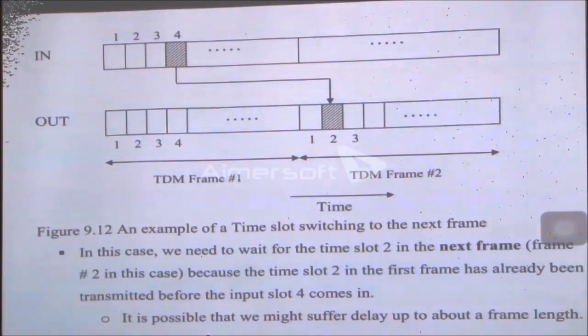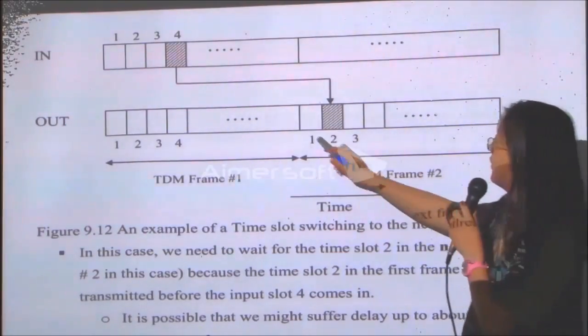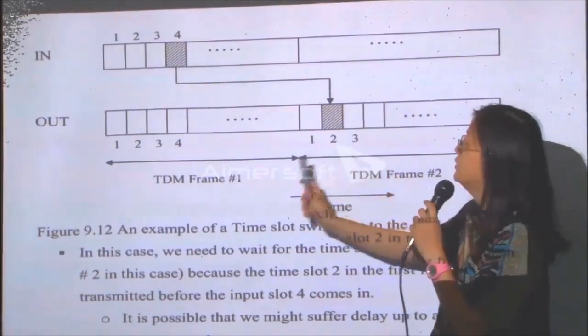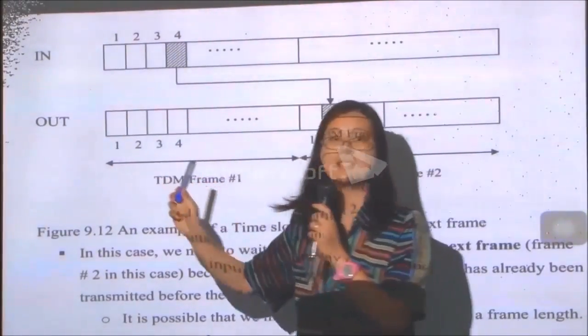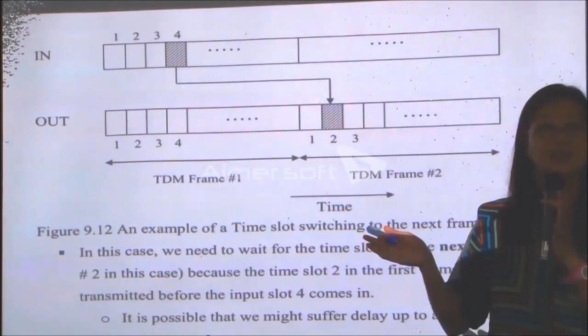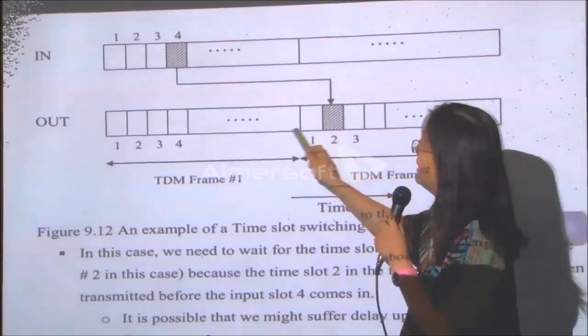We can do this by recalling that each of the frames contains the slot for all users, right? So this is a slot for user 1, 2, 3, 4, 5. User 2 owns the slot in every frame, slot number 2 in every frame, okay? User 1 owns a slot in every frame.